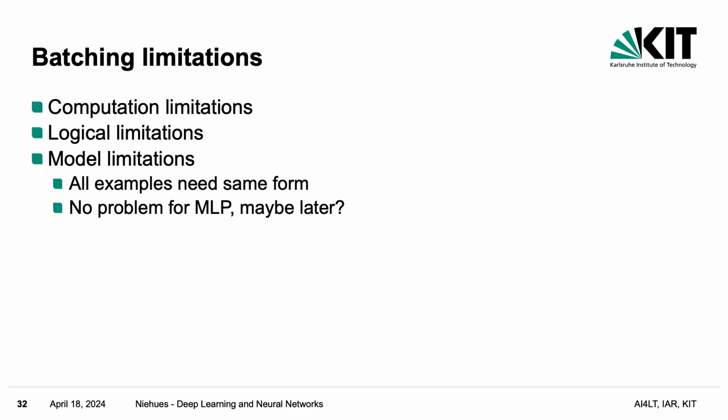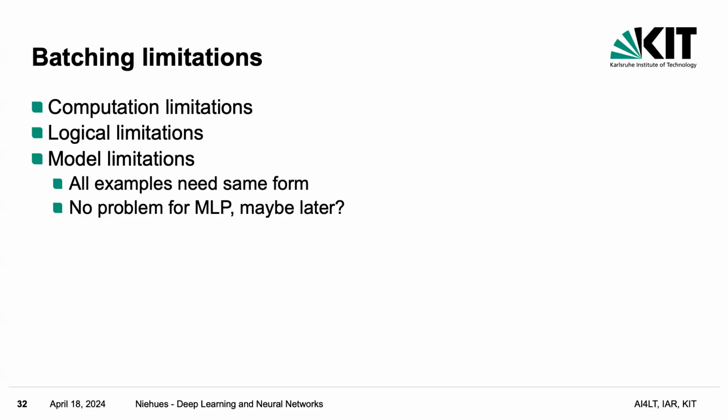But I just want to hint at that already, because if you think about other architectures we'll cover, this will come up. If you think about a recurrent neural network, which processes a sequence, you'll have sequences of different lengths, and then it might no longer be that easy to do this batch process. People will still try to do it, and there are ways, but you have to think about it.